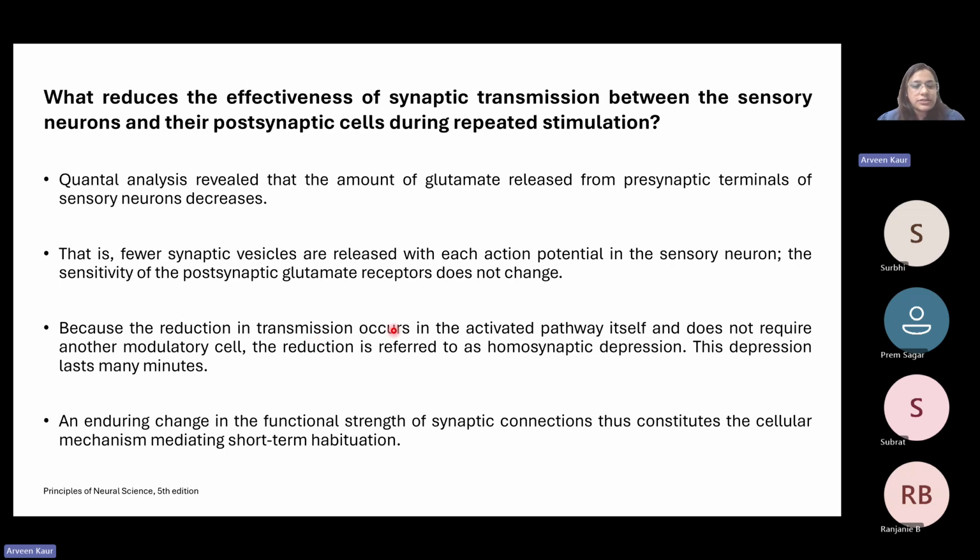Because the reduction in transmission occurs in the activated pathway itself and does not require another modulatory cell, the reduction is referred to as homosynaptic depression. This depression lasts for many minutes. An enduring change in the functional strength of synaptic connections thus constitutes the cellular mechanism mediating short-term habituation.